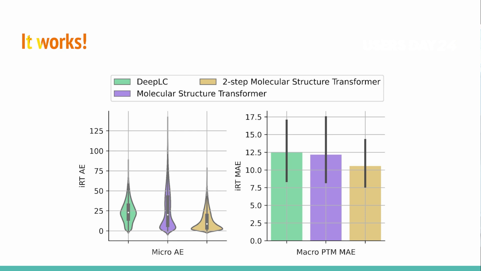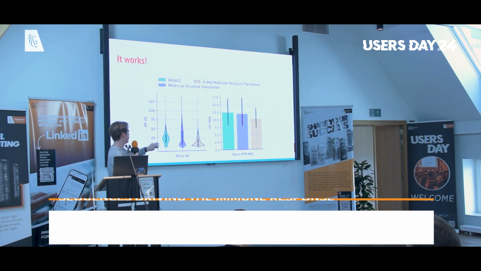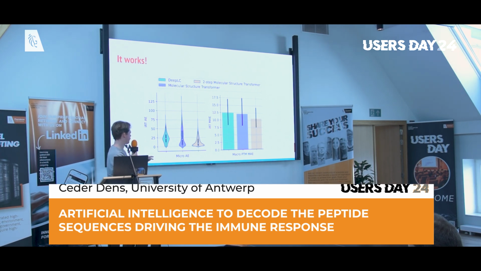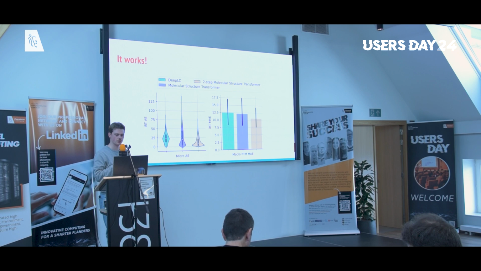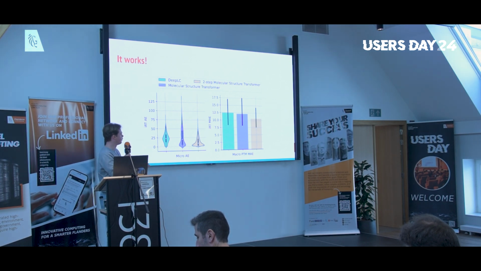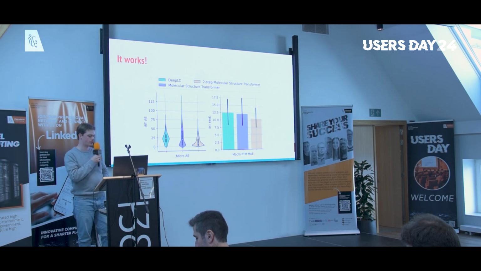So it's rather difficult, but in green is a model that previously existed. In purple, the one-step, the default molecular structure transformer, and then in orange, the two-step model, and we see that the two-step model can actually do quite a lot better. On the right is just the performance, but grouped per PTM. The PTMs are modifications.